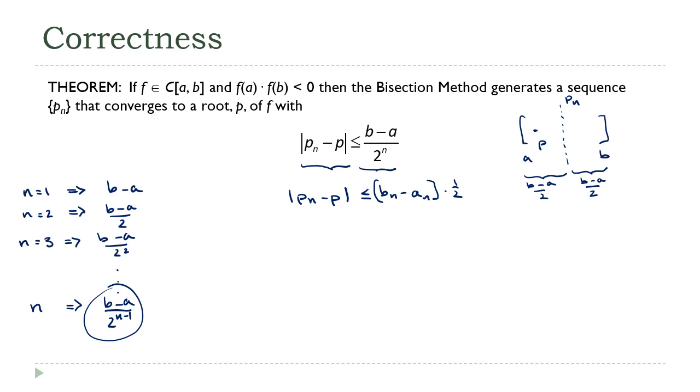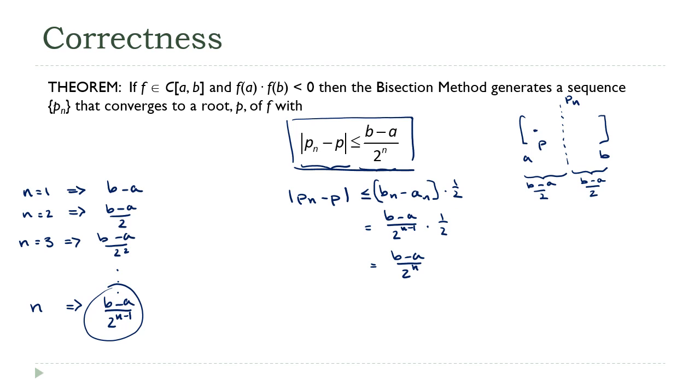So this is equal to (b minus a) over 2 to the n minus 1, times 1/2, which is (b minus a) over 2 to the n. And that's what I wanted to show. Right, so right there, I've established that this inequality is true.